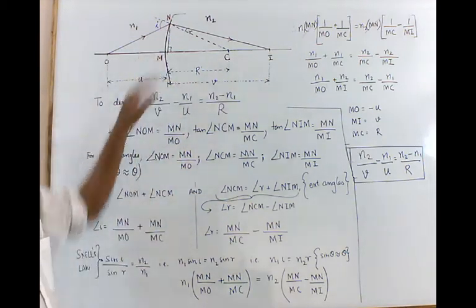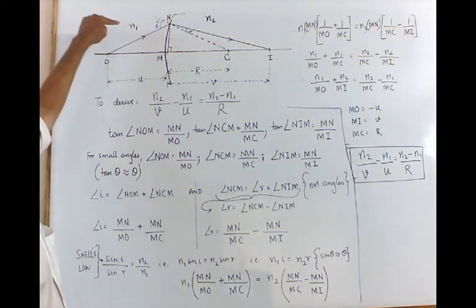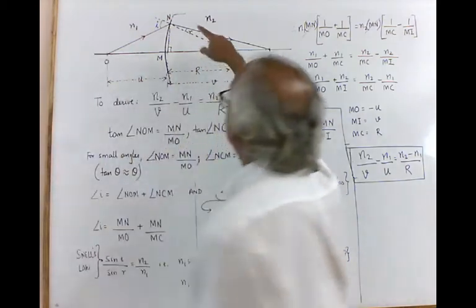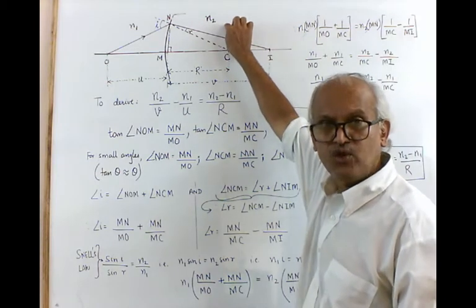So we are assuming over here that this is a medium with a refractive index n1, in which you have a second medium with refractive index n2.